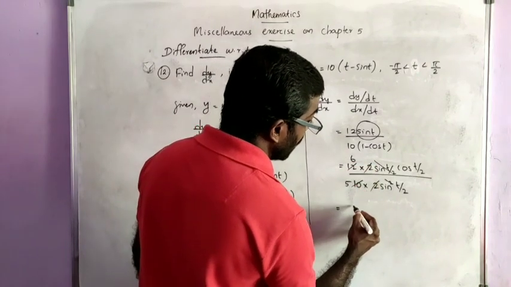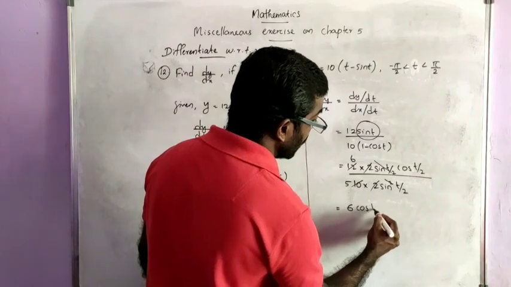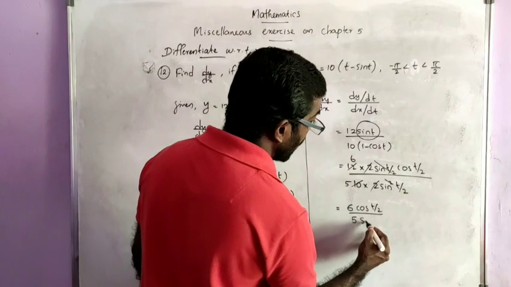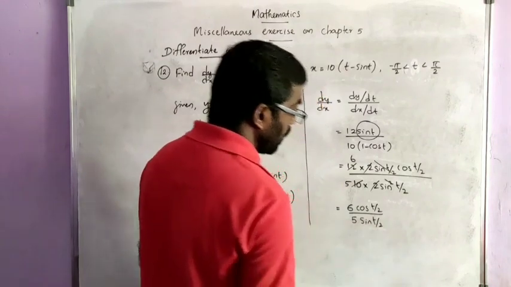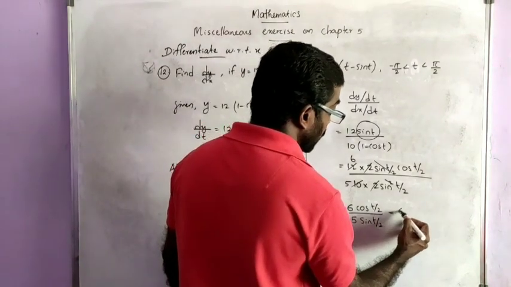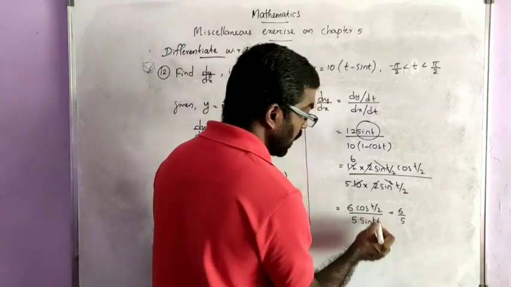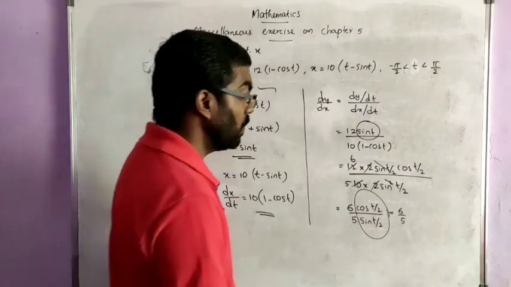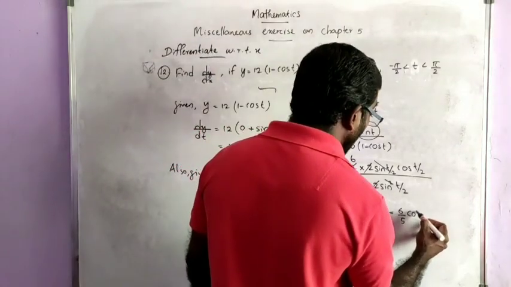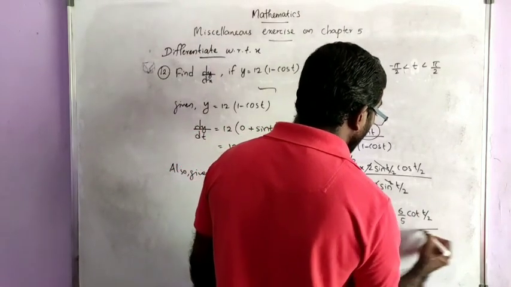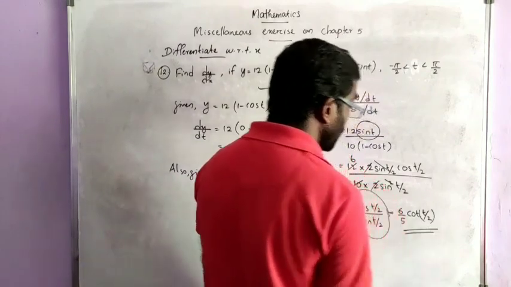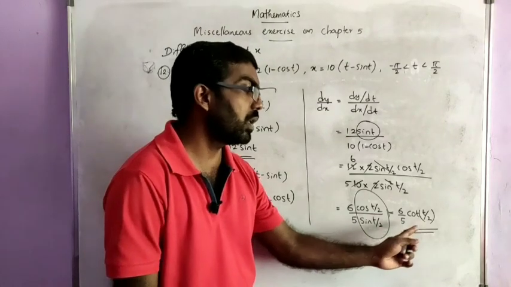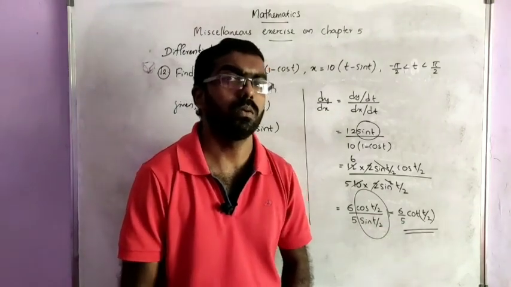So it becomes 6 cos(t by 2) divided by 5 sin(t by 2), or we can write 6 by 5 separately, and the remaining is what? cos(t by 2) divided by sin(t by 2), and it is cot(t by 2). Okay, that is dy by dx is equal to 6 by 5 into cot(t by 2). Understood?